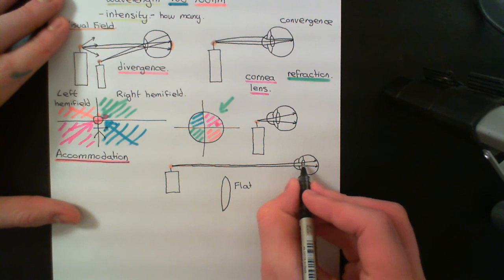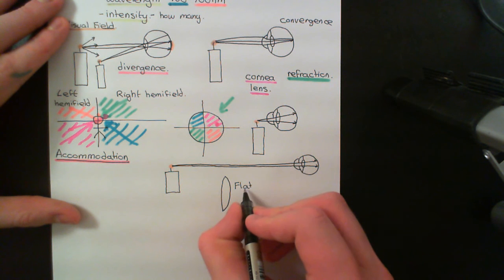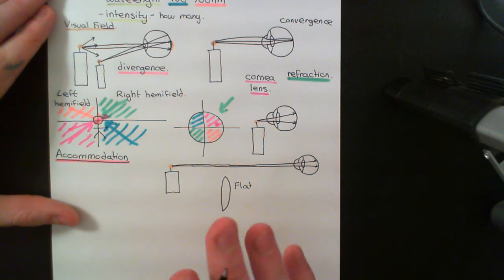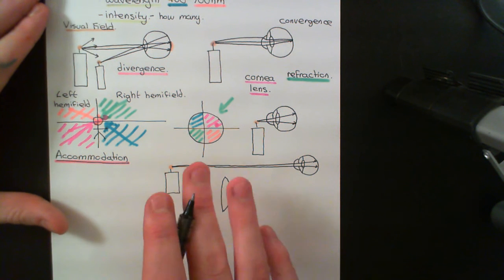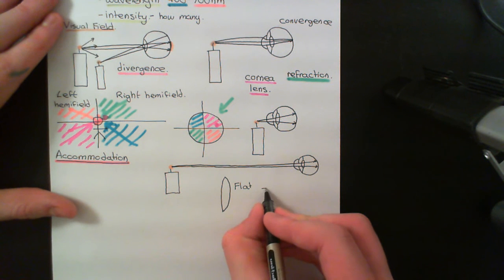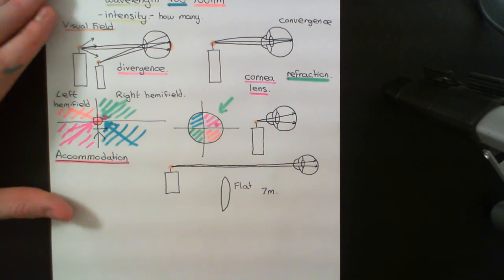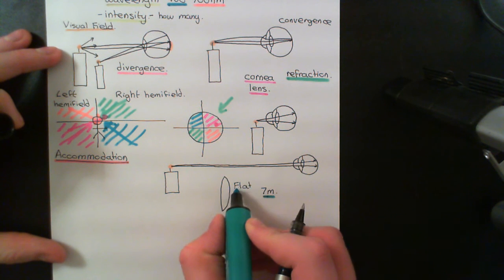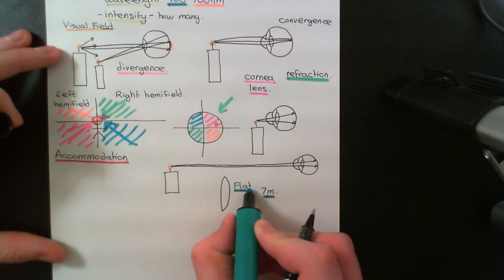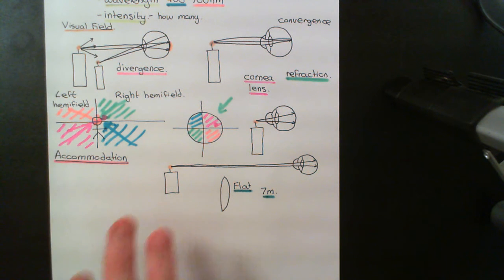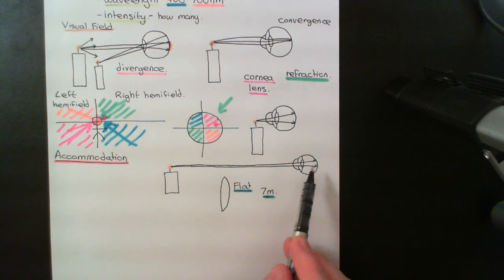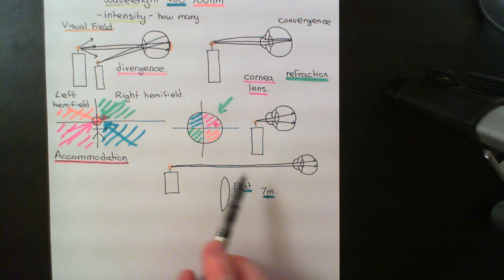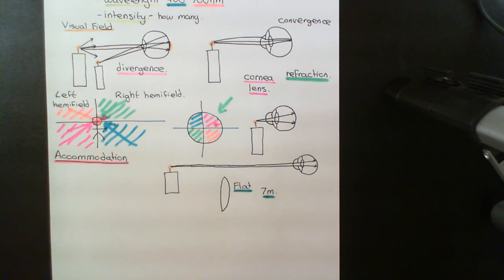That optical system that we've got, the cornea with the flat lens, is best suited for focusing light that is coming from sources 7 meters away from the eye. Okay, so that optical system focuses light ideally that is coming from objects 7 meters away, i.e. if I put the candle 7 meters away from the back of the eye, then with this conformation, i.e. with the cornea and the flat lens, it will be focused onto a nice point of the retina.